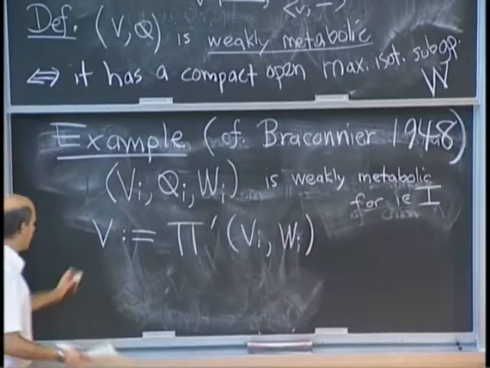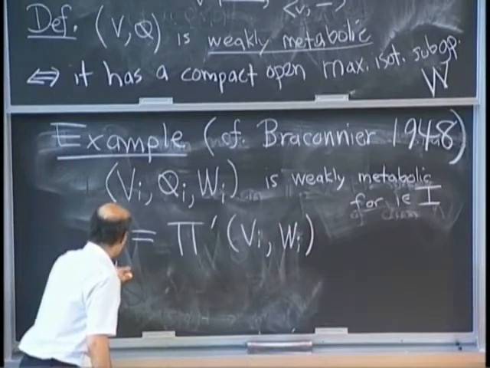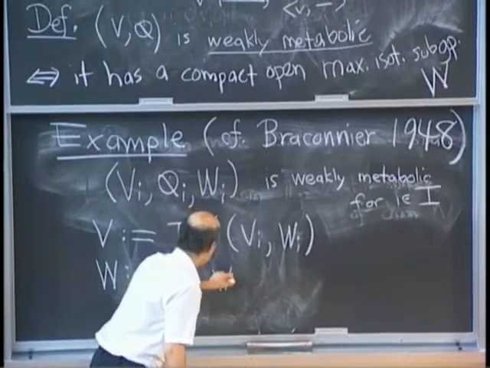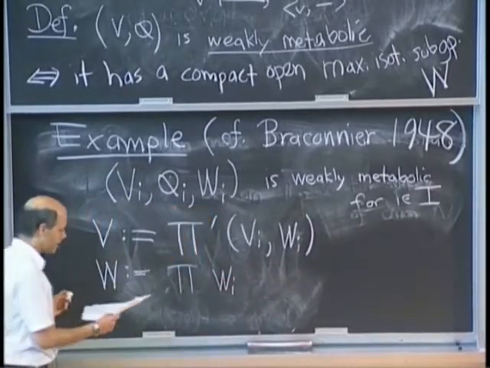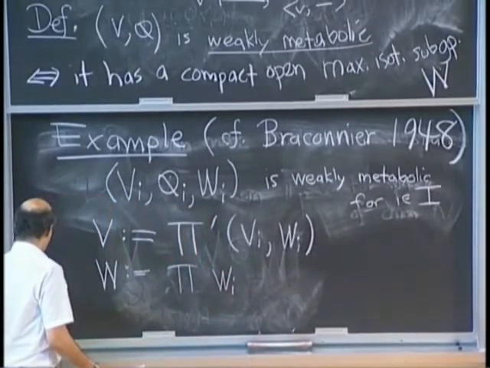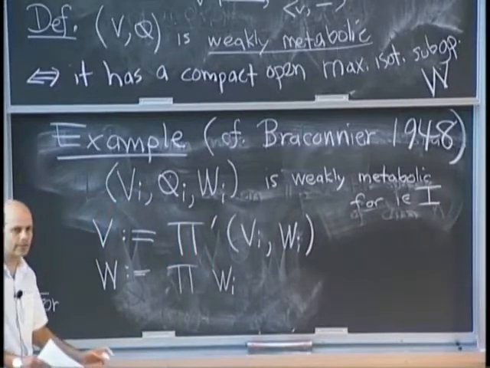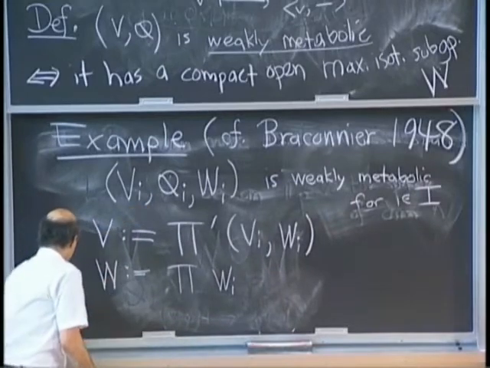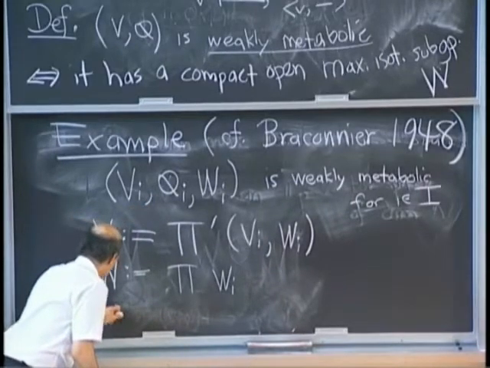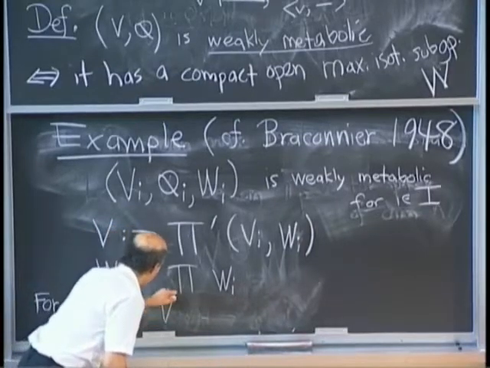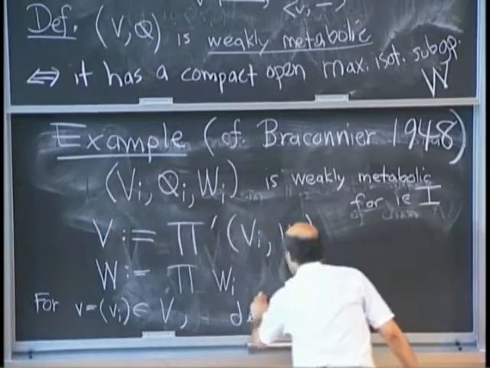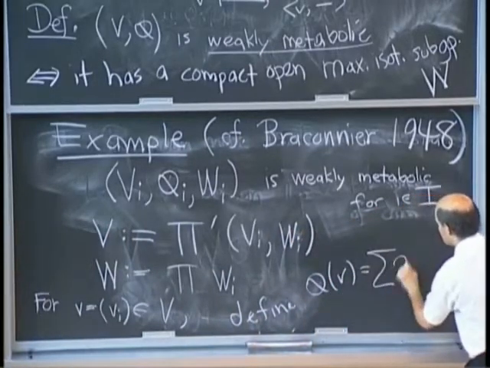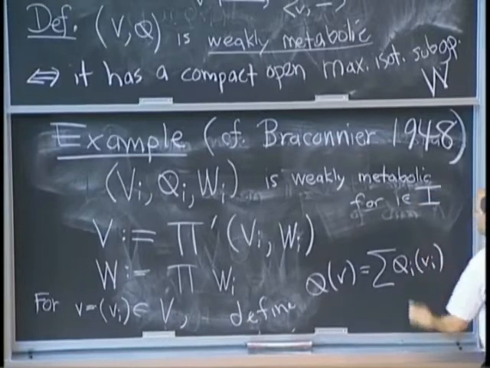Then you can define W to be just the direct product of the W_i. And you can define on V a quadratic form just by summing these quadratic forms. In other words, if you give me an element of this restricted direct product, define Q of v just by summing the quadratic forms on the components.